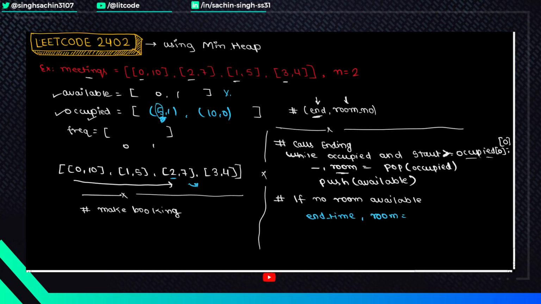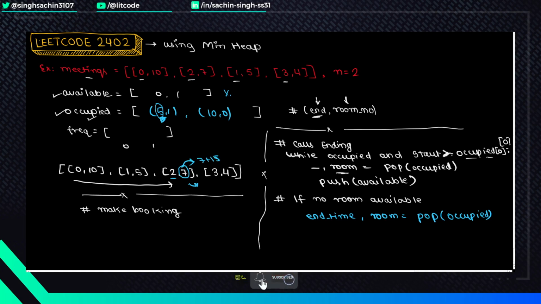We'll do the pop operation on occupied to get these values. Now you know that the room is already booked, but it will be over after this end time. So you will simply shift the end time of the next meeting to 7 plus 5.